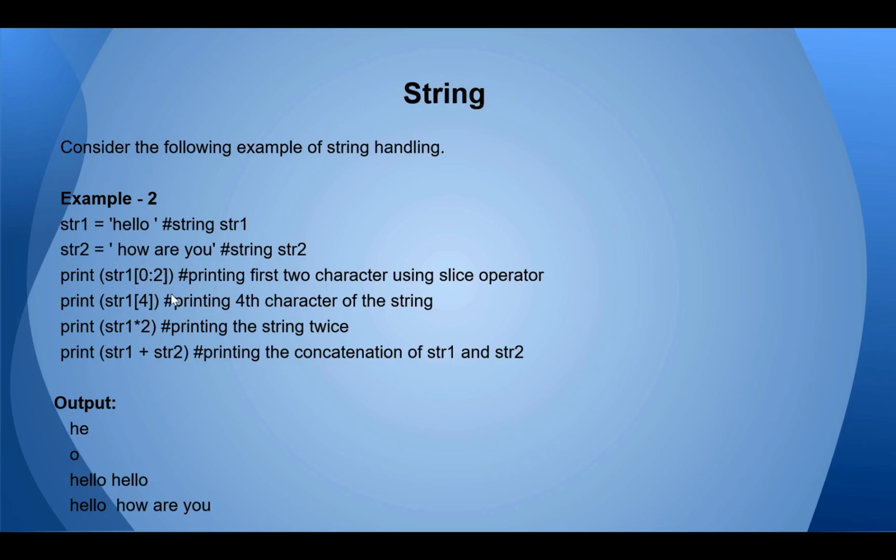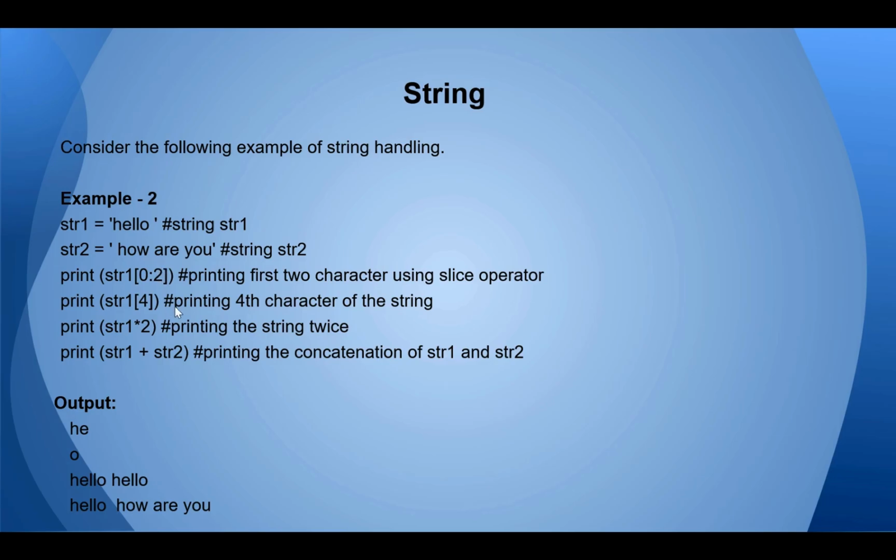Why square brackets? Because we are writing the index number. And 0 colon 2 means it will start from 0, and 2 will not be included, so it will go till 1. The index number of h is 0 and of e is 1, so it will display h and e. The index number of L is 2, but 2 will not be included.